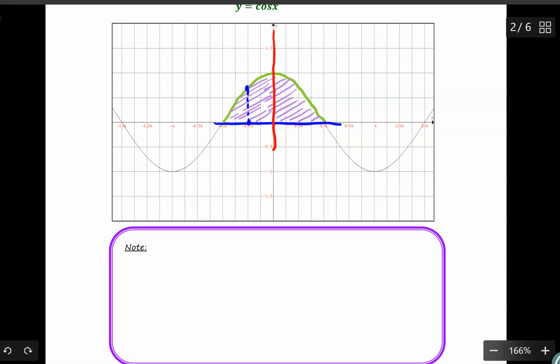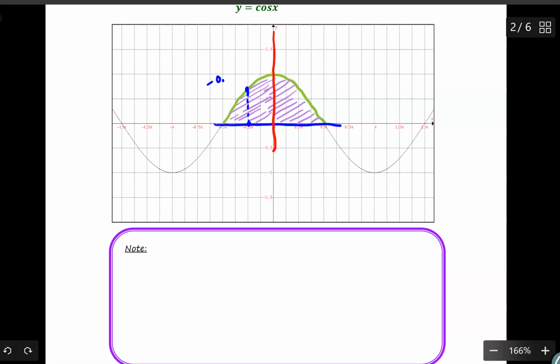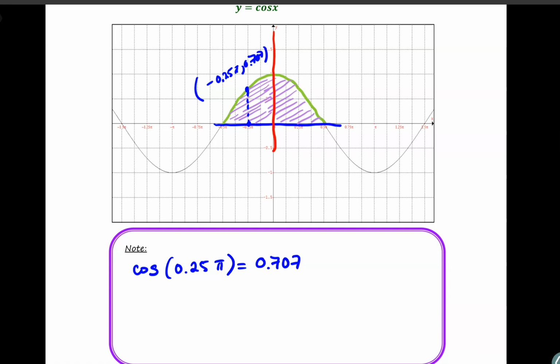I should have 0.707 for the y. So cos of 0.25 pi will give me 0.707, which is root 2 divided by 2.